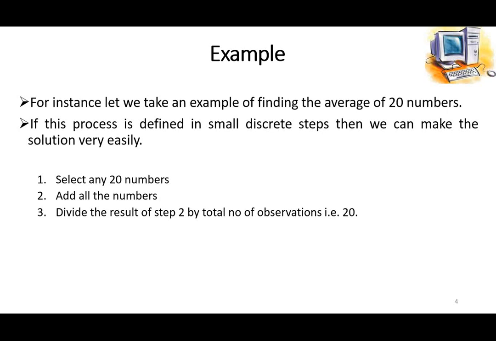Third, divide the result of step 2, that is the sum, by the total number of observations, that is 20, because the total number of elements in this example is 20, and then the average will be calculated. So this is how we divide a complex problem into different portions, and we solve it in a stepwise manner.